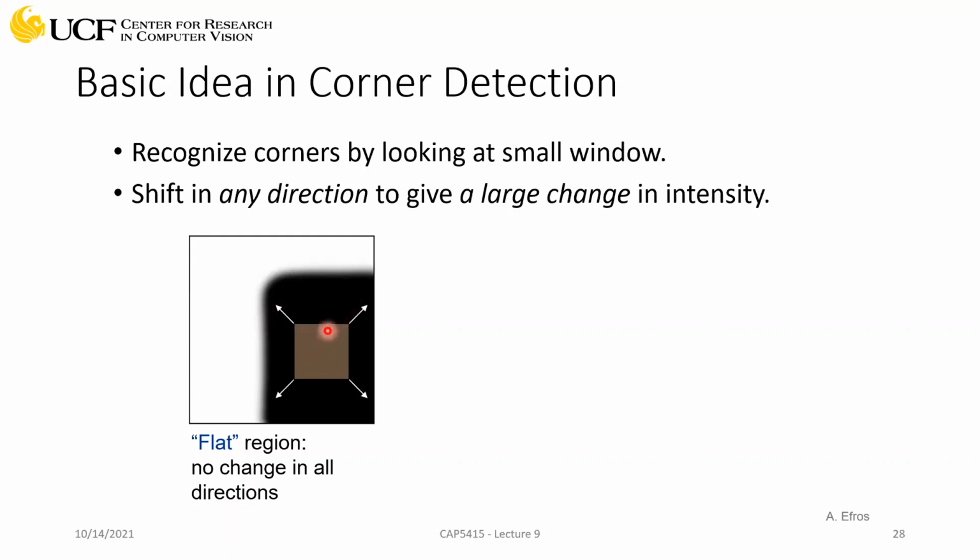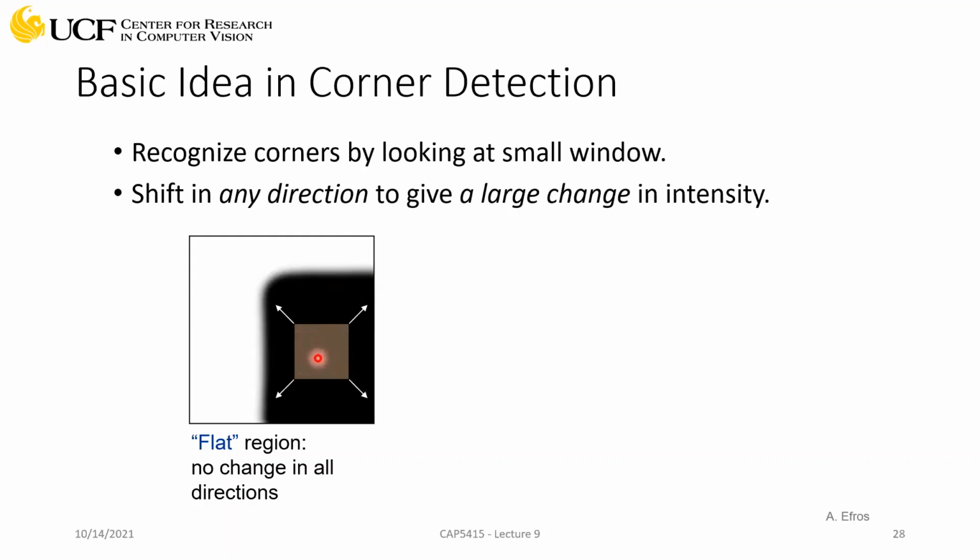Then we try to monitor whether the intensity of the patch inside this window is changing or not. The intensity, if it's a grayscale image, is the pixel value. In this case, if it's black and white, then white is high intensity and black is low intensity.